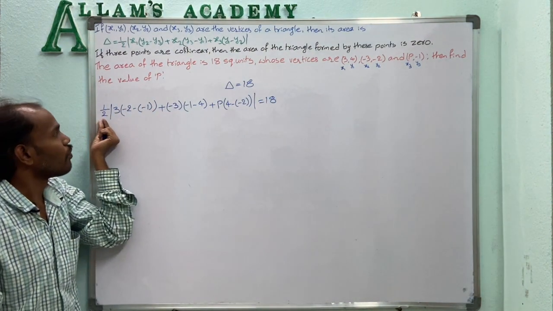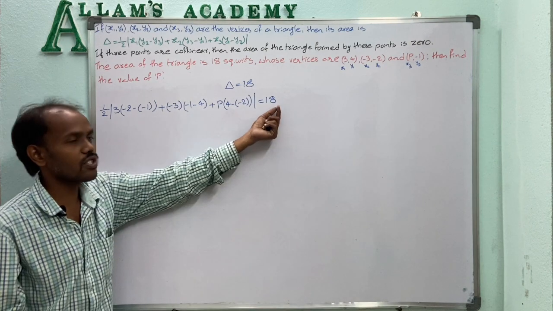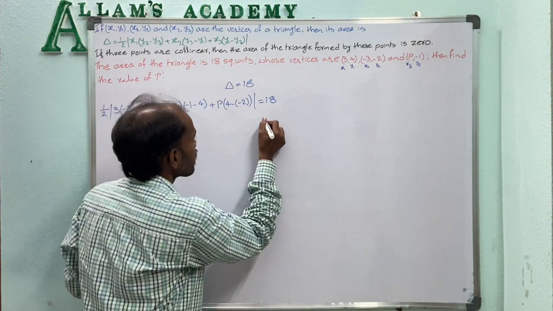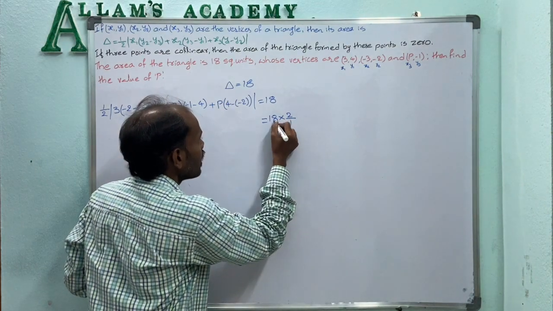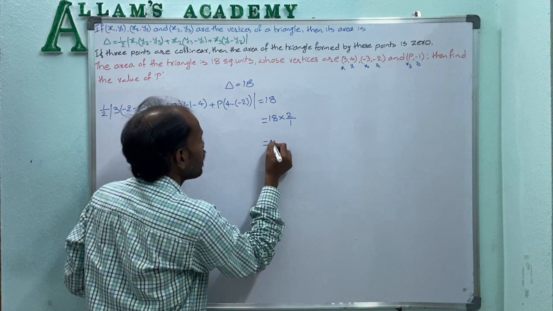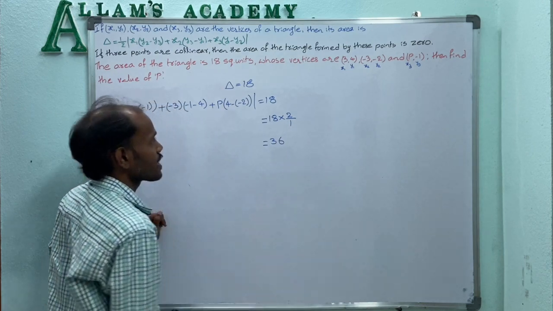Now that 1 by 2 on the LHS transfers to RHS with its reciprocal, we have to multiply, that is 2 by 1. 18 into 2 by 1 is equal to 36.